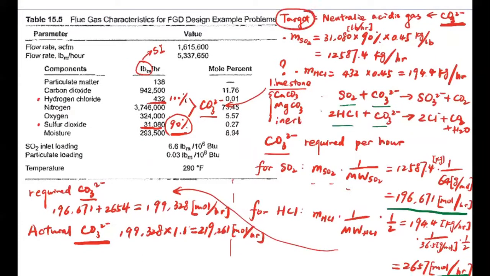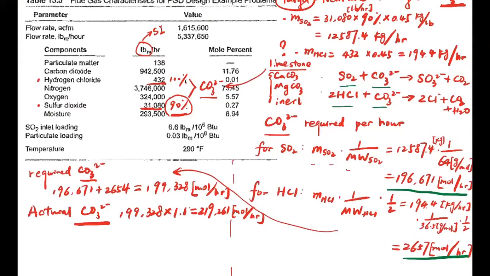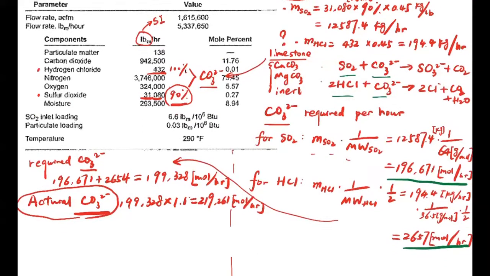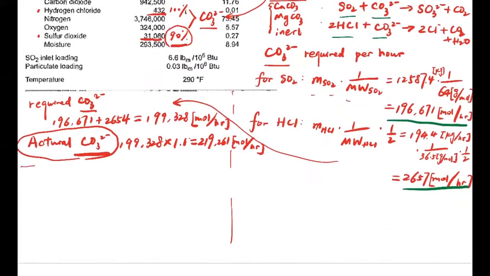What this means is that in order to react with all of these acidic gases, it requires this amount of carbonate ions to go through the reaction, right? And then what is the reality? Because we need to match the target with the reality.